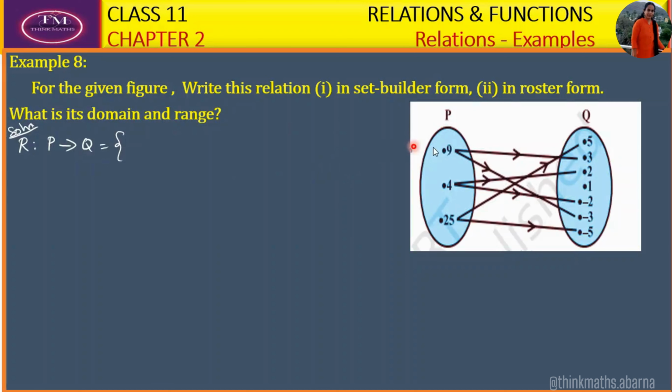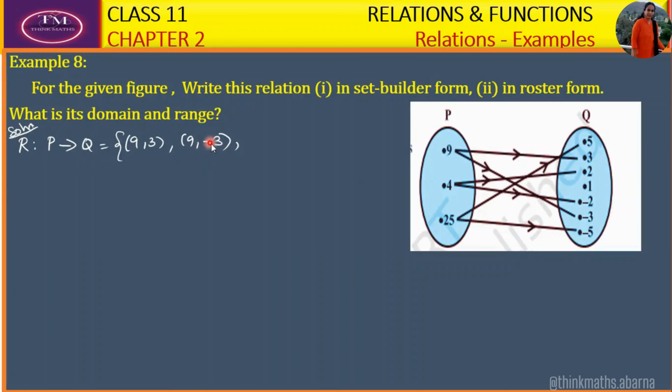Here if you check, 9 goes to 3 and 9 goes to minus 3. So it is (9, 3) and (9, -3). Next take 4. 4 goes to 2 and 4 goes to minus 2.